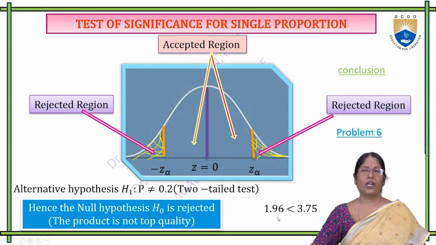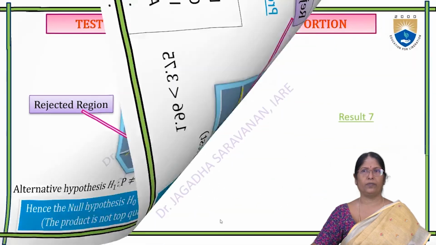As the tabulated value is less than the calculated value, H naught is rejected. So what we defined in the null hypothesis, that they are top quality, is wrong; they are not top quality.